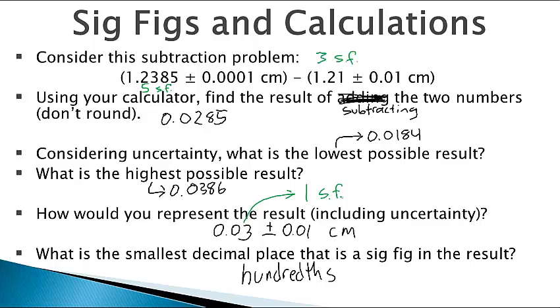The question is, would it be wrong to say 0.030 plus or minus 0.010? Yeah, that would be wrong, because it would be saying that we know that thousandths place when we don't. We can only keep one uncertain digit, and in this case, it's the only digit we've got.